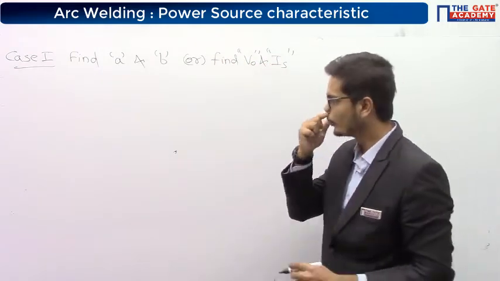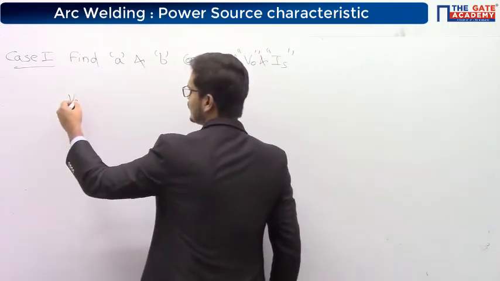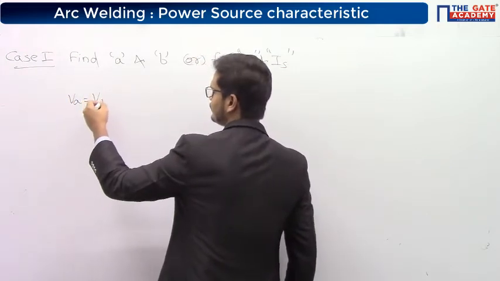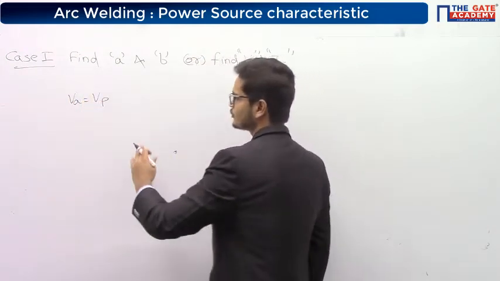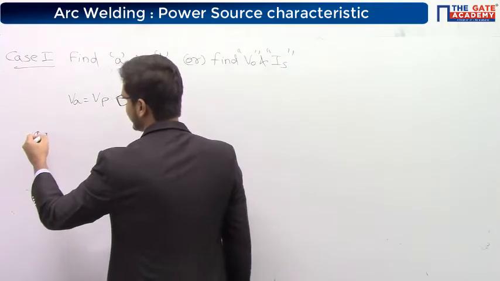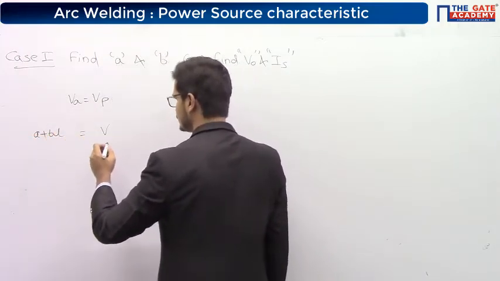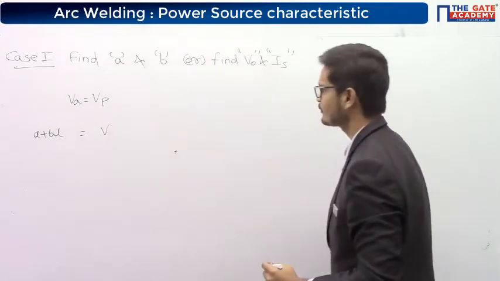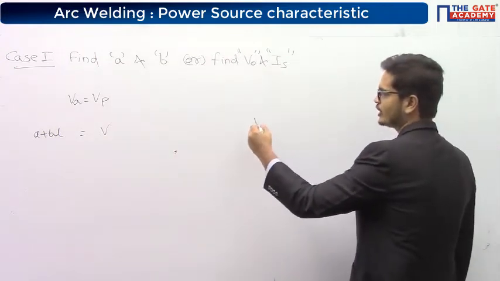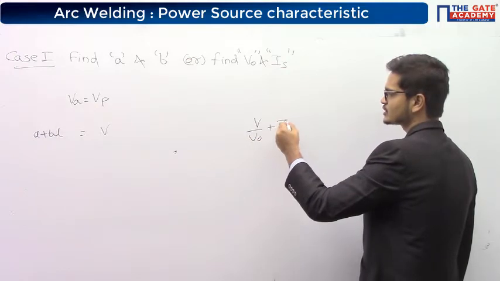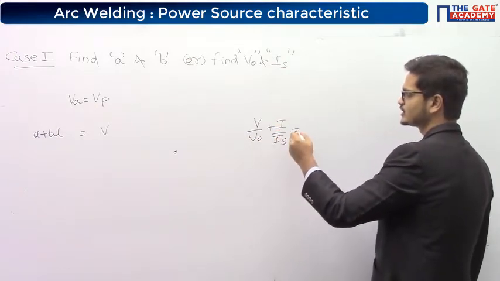So what I told you is VA is equal to VP, right? The equation for VA is A plus BL is equal to VP. The equation for VP was V by V0 plus I by IS is equal to 1.